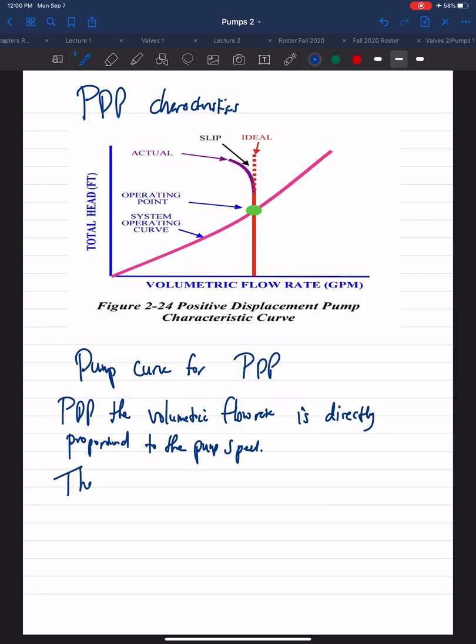The capacity, volumetric flow rate, remains virtually constant for any discharge head.